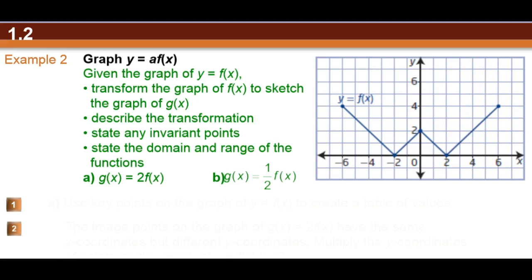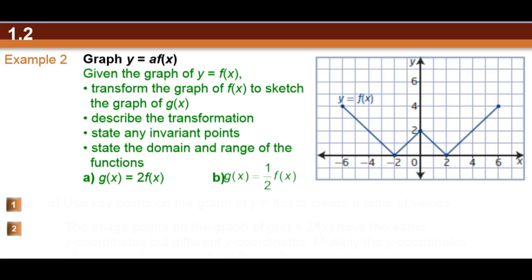Okay. So, let me just erase all this. So g of x is now our new equation. Okay?